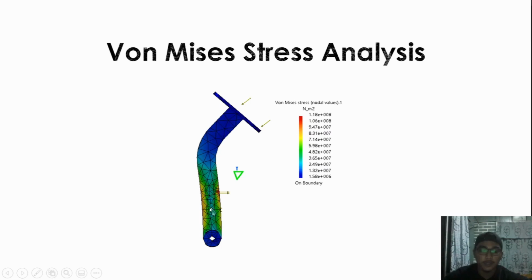This throttle cable is a little bit bent here, and we can see the red area is where the most pressure is applied because of the spring when we push the pedal, and the blue one is the safest, which means it has not been damaged. Okay, that's all.